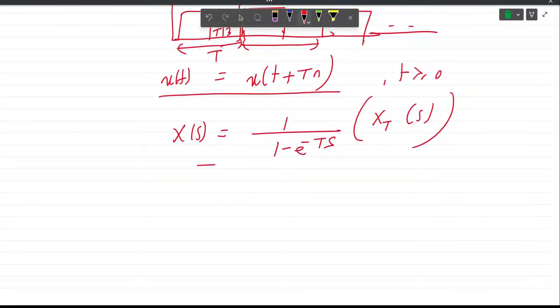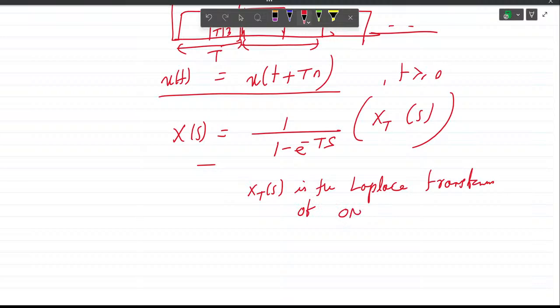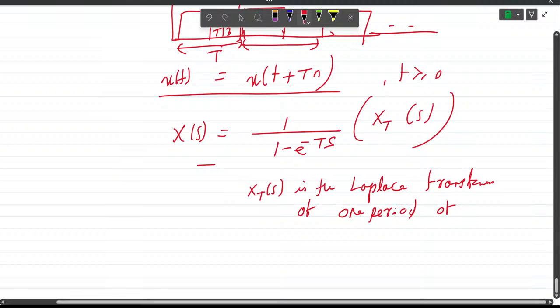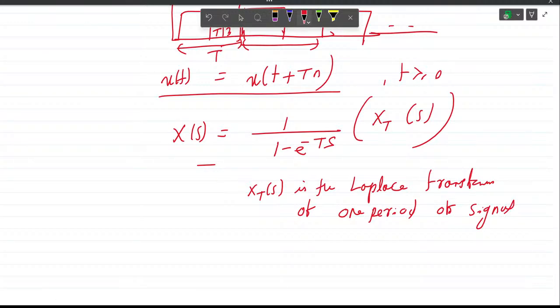So X1 of s is the Laplace transform of one period of the signal, because here we are discussing the Laplace transform of a periodic signal for t greater than or equal to 0.